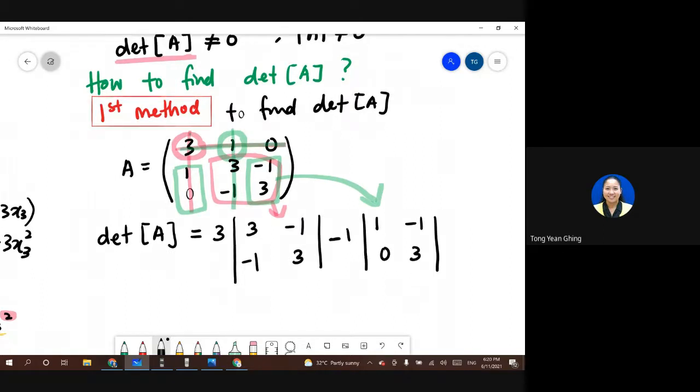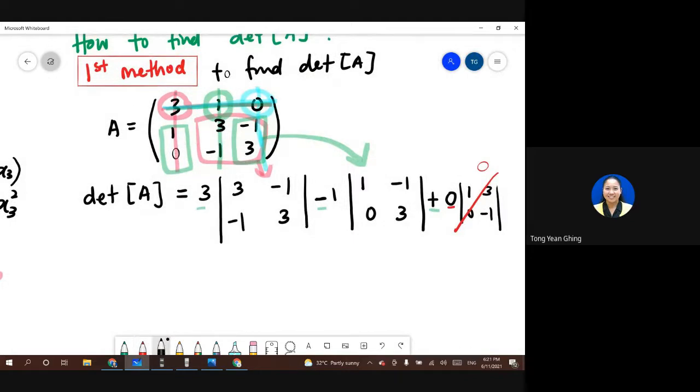And then the last one, plus, because the signs are positive, negative, positive. The third one will be this value, put in here, times the matrix after crossing the same row and same column. So it becomes 1, 3, 0, -1. For sure this one, because it is times 0, all of this will become 0.